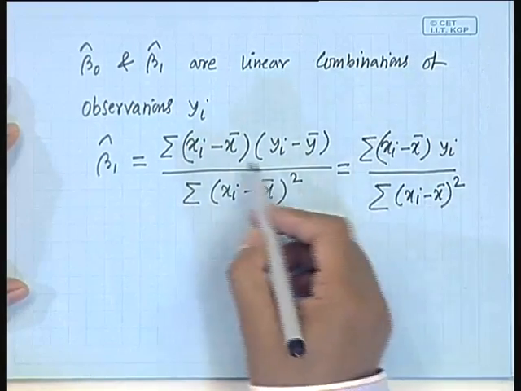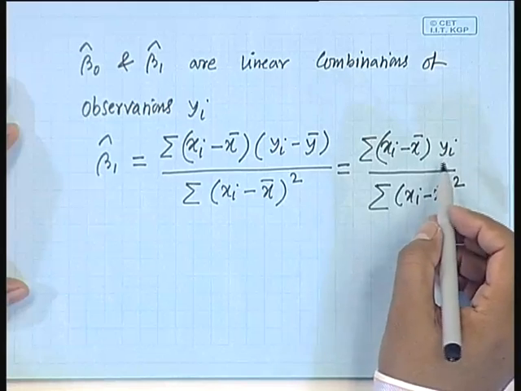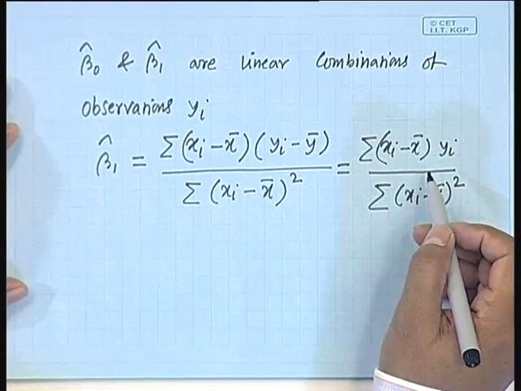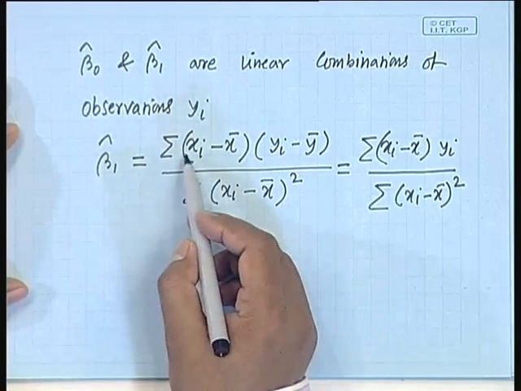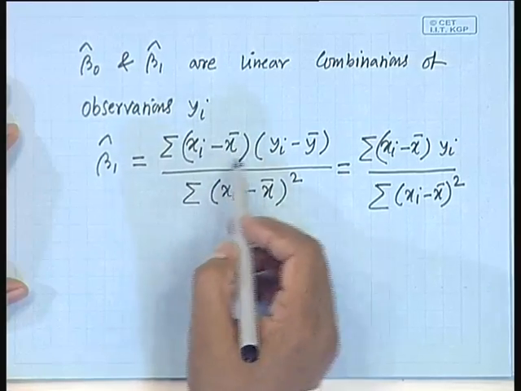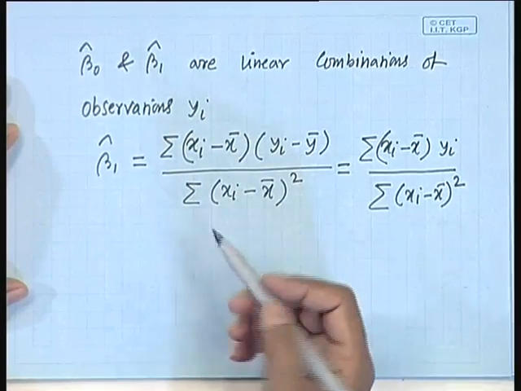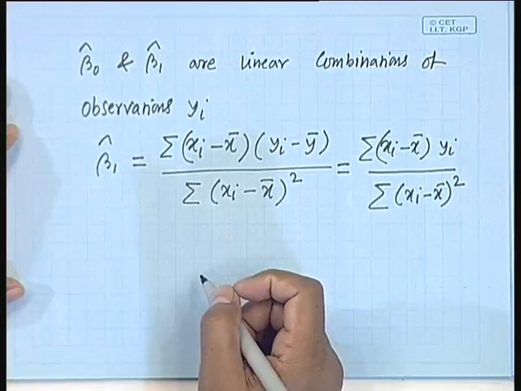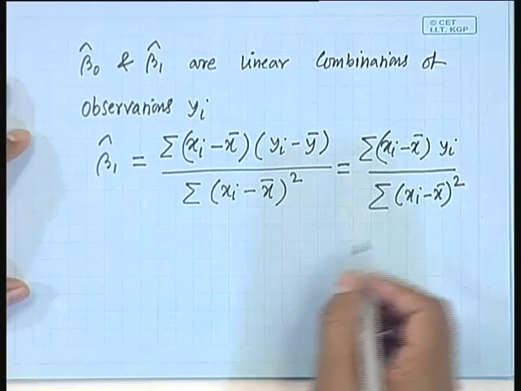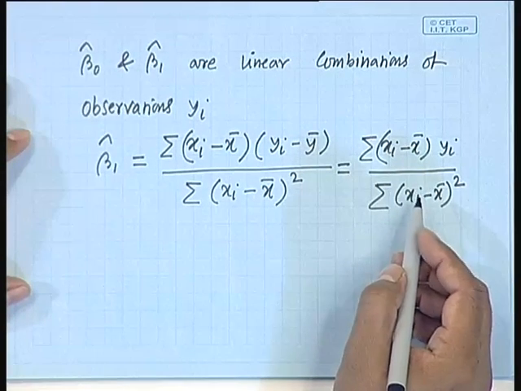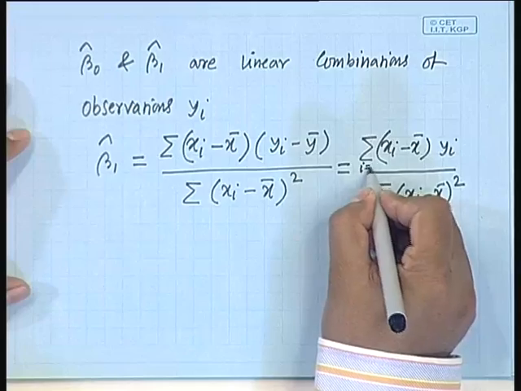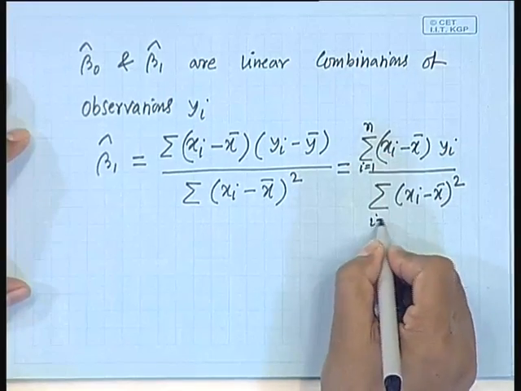These two quantities are the same. One can very easily prove that summation x I minus x bar into y bar is equal to 0. It is not difficult to prove that. Here I goes from 1 to n.